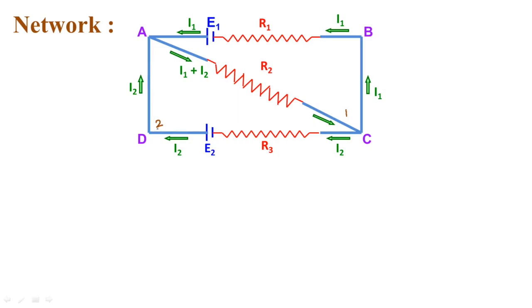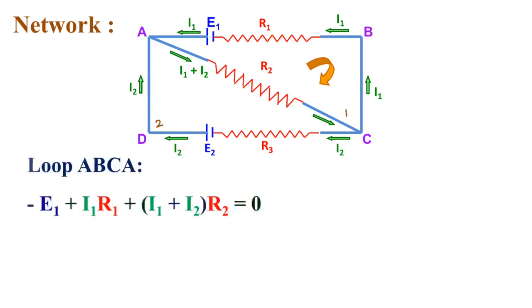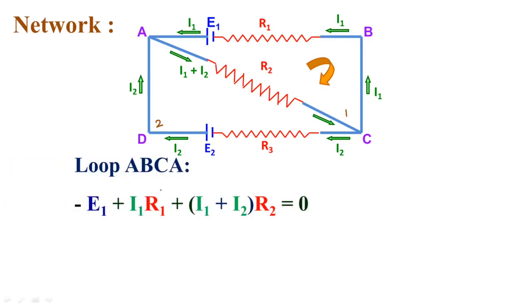As we know, potential drop does not depend on path, it depends on the initial and final position. Let us apply Kirchhoff's voltage law to loop ABCA in the clockwise sense. The equation for the loop ABCA is minus E1 plus I1 R1 plus (I1 plus I2) R2 is equal to 0.